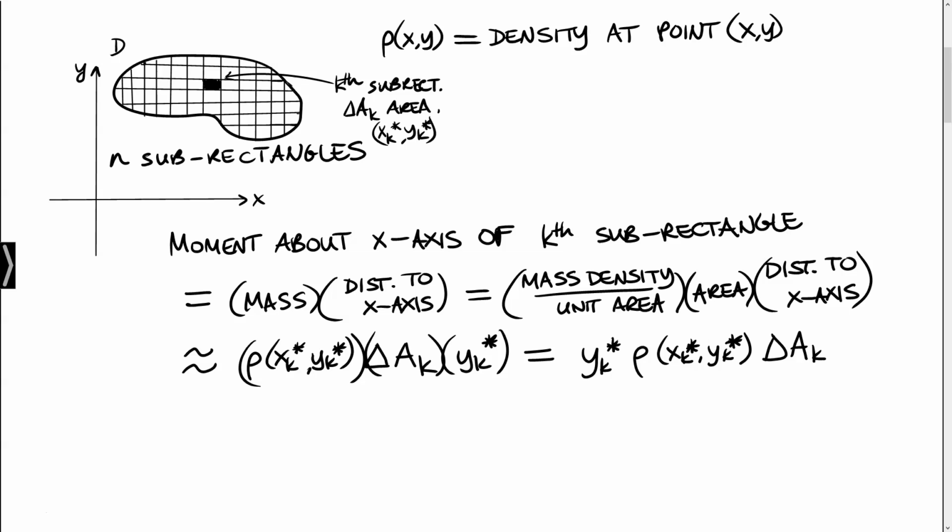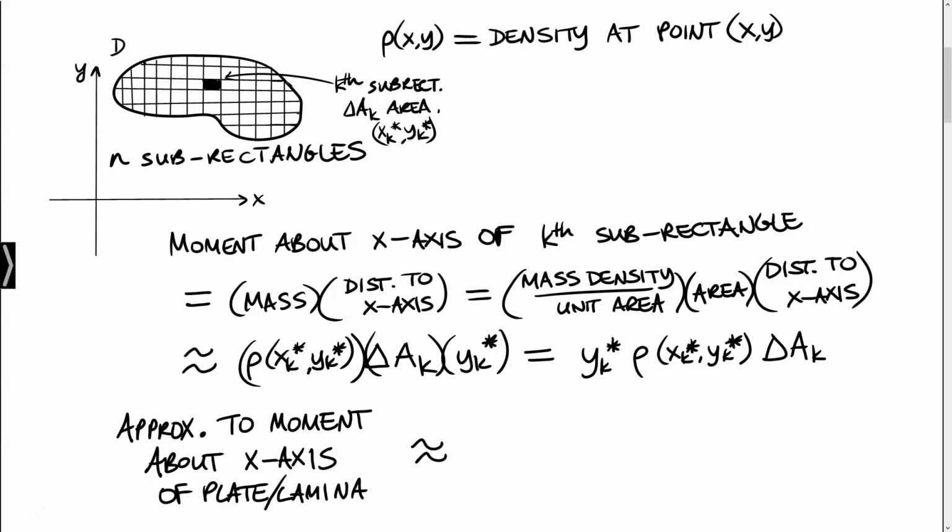So what we want to do is do this for all the different subrectangles and add them up, and that'll give us an approximation to the moment about the x-axis of the entire lamina, or the entire plate.